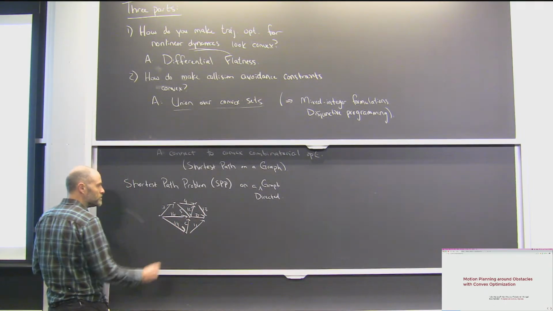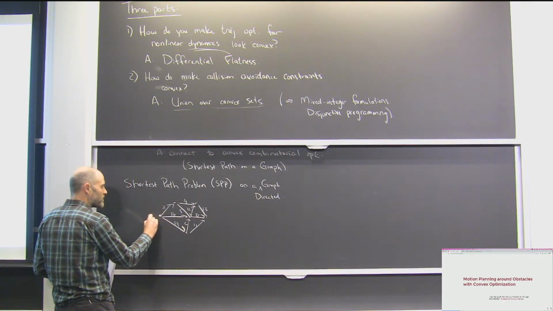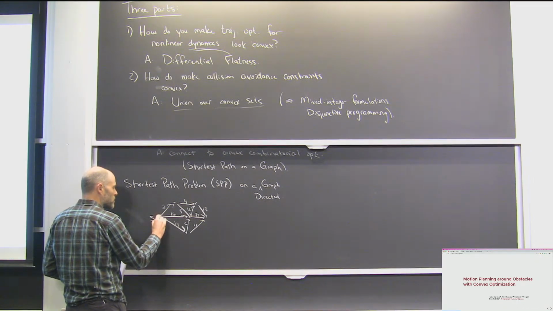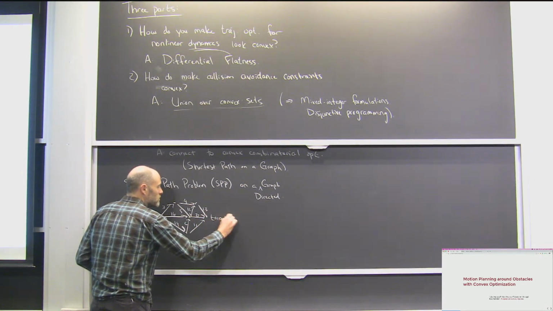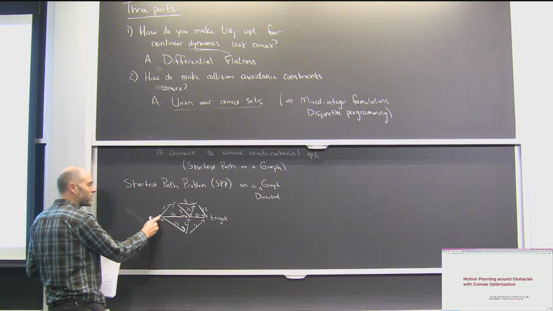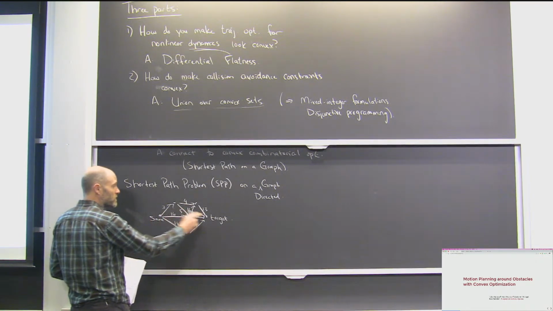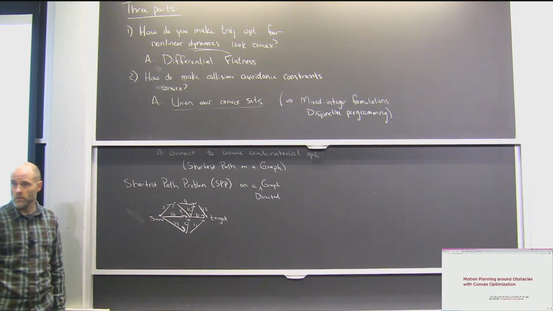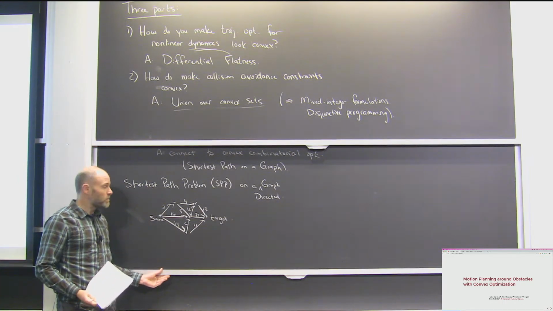Okay, and the problem will be if I identify some node in the graph as my source, another node as my target. How do I find a path, a shortest path that takes the minimum cost trajectory from the start to the goal? Okay. Now there's loads of algorithms for this.